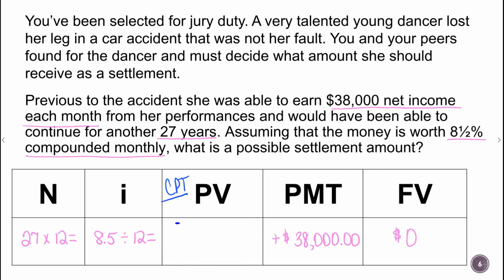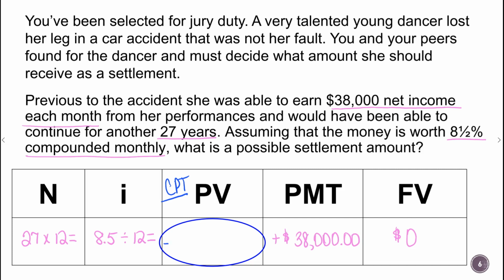So this is what we compute. Now, $38,000 per month, that's a lot of money. So her settlement amount is basically enough to cover that so that she can withdraw that $38,000 every month for 27 years.